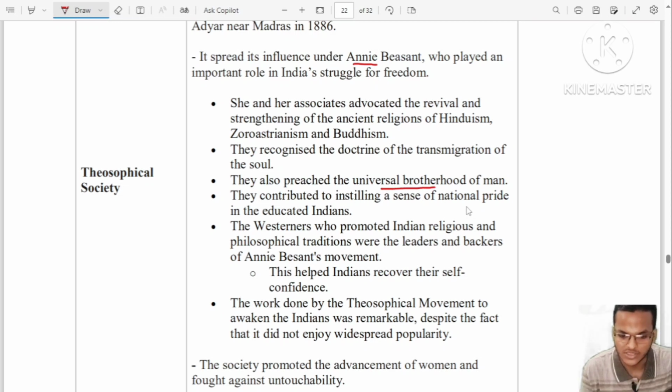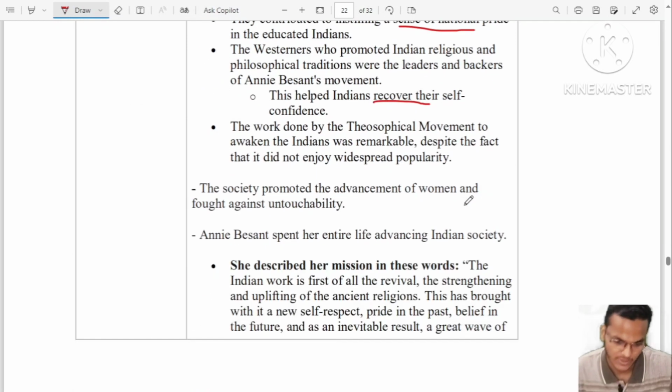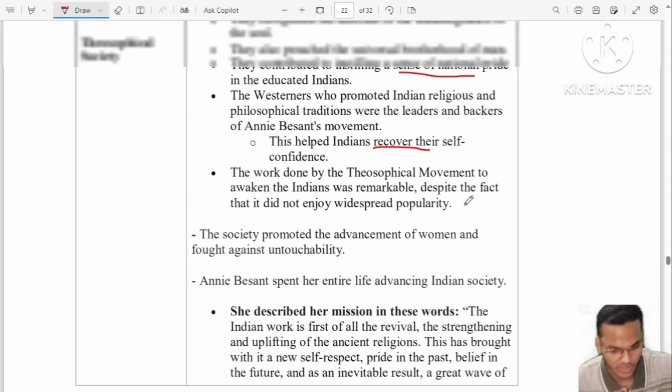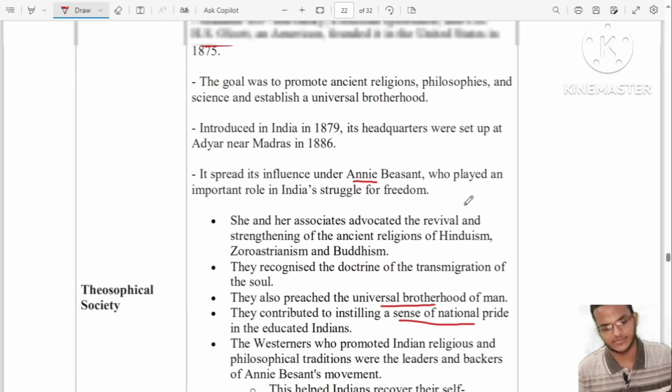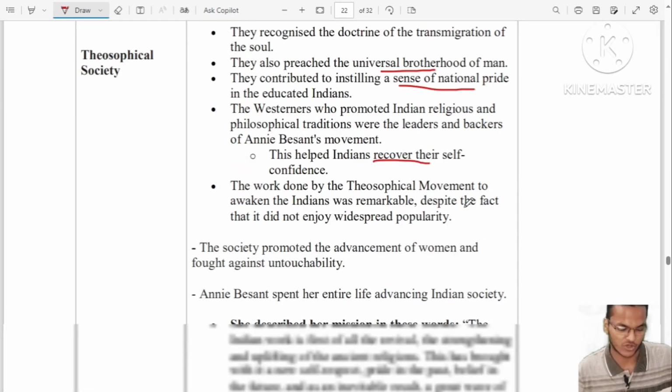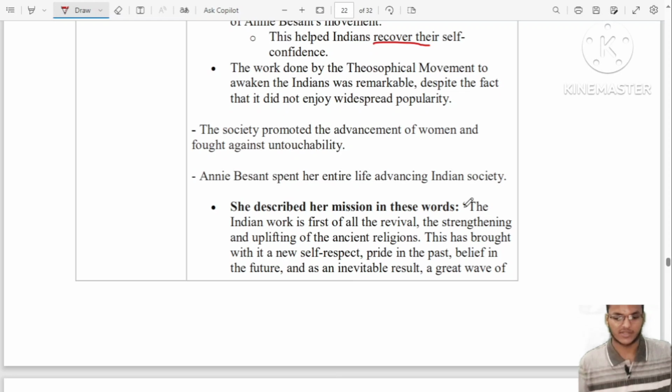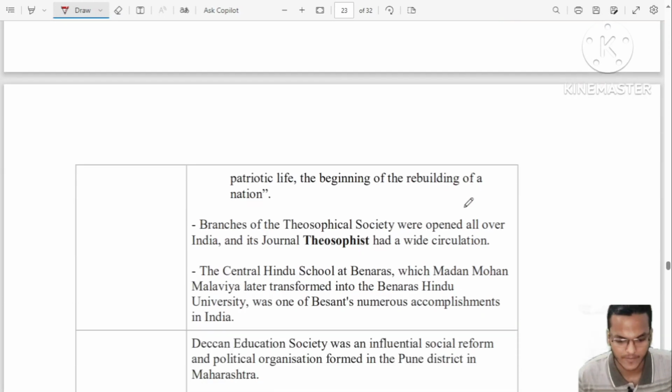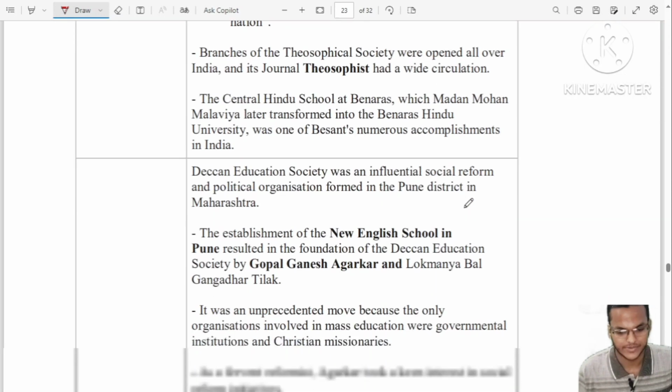They believed in universal brotherhood and a sense of national pride in the educated Indian. They helped Indians recover self-confidence. It was more or less the same as the previous ones like Ram Mohan Roy or the Arya Samaj.